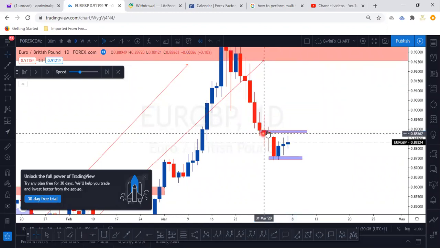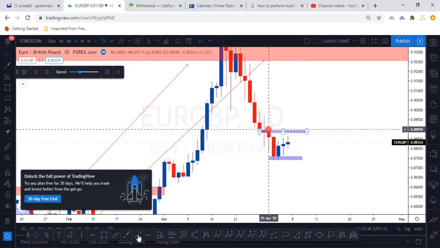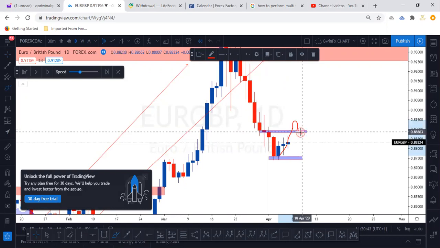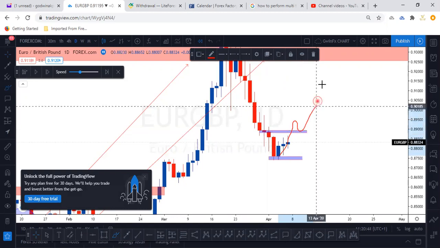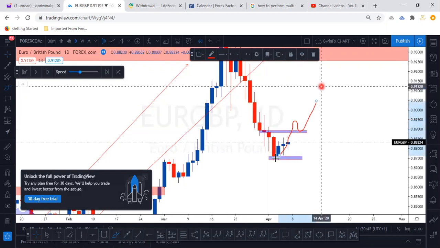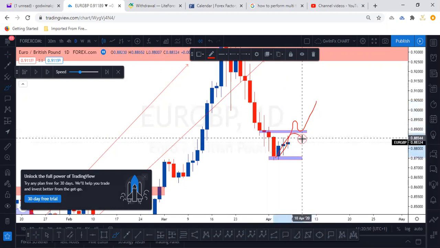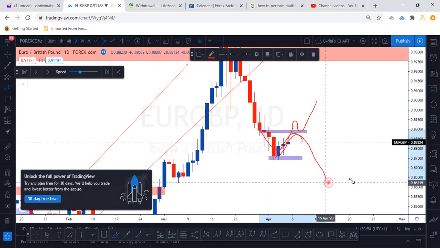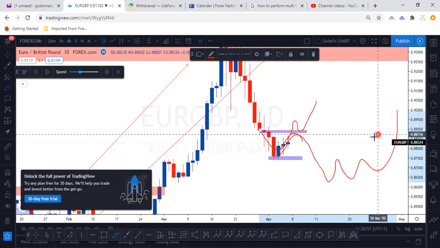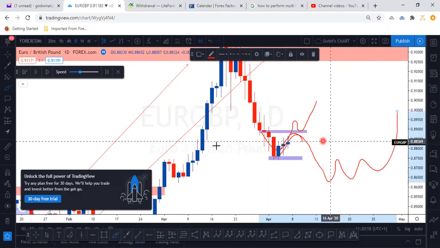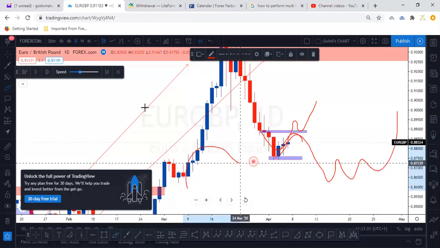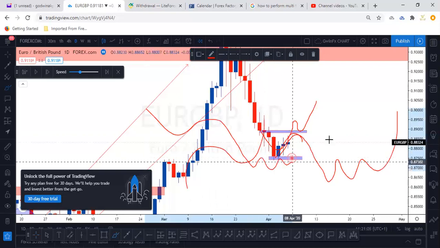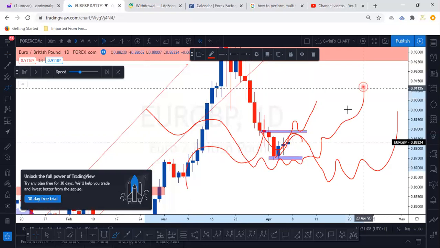Okay, so with this candle, I want to be seeing a breakout and a retest for me to be bullish, because I am bullish on this pair. But I can also have a next curve here before then. Okay, so a next curve will possibly follow up with a range bound movement and a reversal.